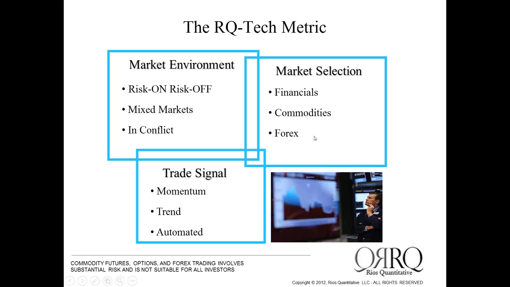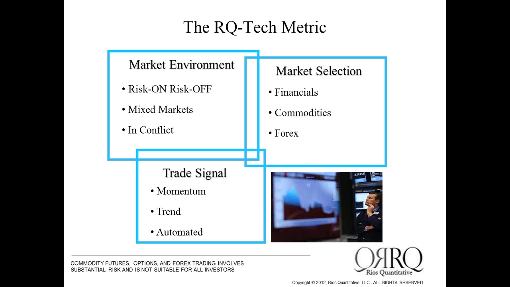Where is the best asset class? Where is the money flowing to? And once we know where the money is flowing out of and into, we then look for the specific instruments within those asset classes, and then select which trade signal is most appropriate to that trading environment.